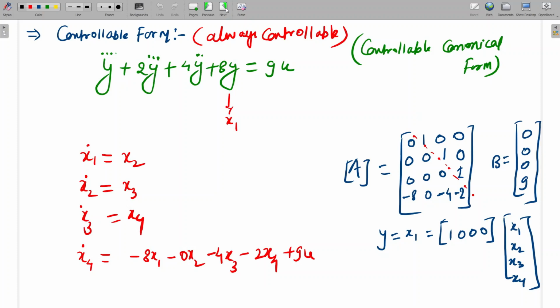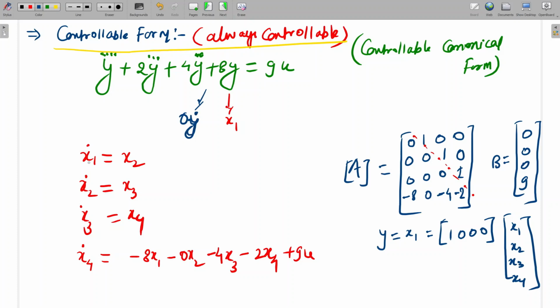This is also a very important topic, the controllable canonical form. I will explain how I am writing it here. This is the given equation: y to the power 4 dot is given here, 3 dot here, 2 dot here, and nothing is given for y dot. So I assume y is equal to x1. Then x1 dot is equal to x2. Here a term is missing, that is 0 y dot.